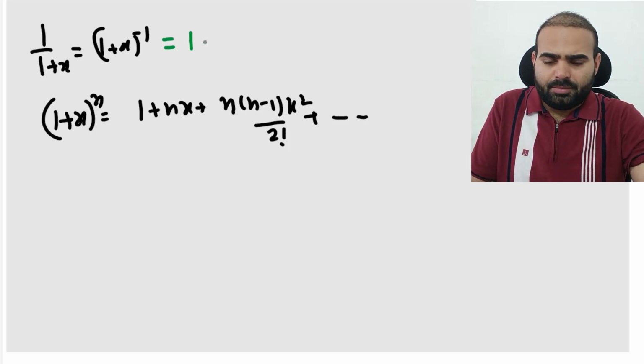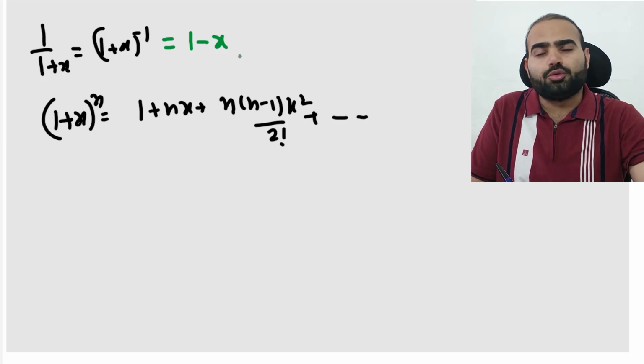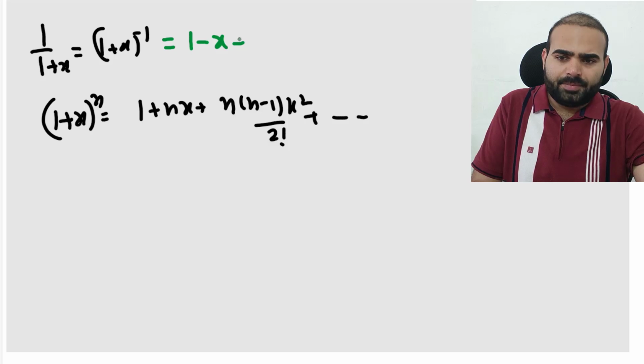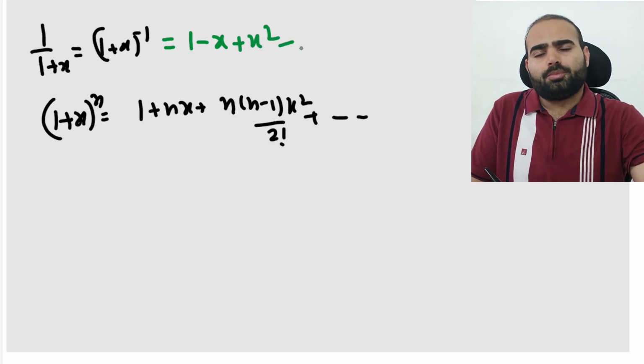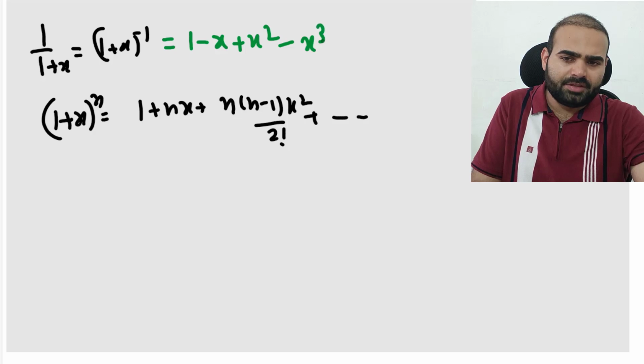So this is 1 minus x, then minus 1 times minus 2 upon 2 factorial, so it will cancel. In the same way, we will get plus x square, and then x cube: minus 1 times minus 2 times minus 3 upon 3 factorial. 3 factorial is the same as 1, 2, 3, so it will cancel. So basically we'll get this series.